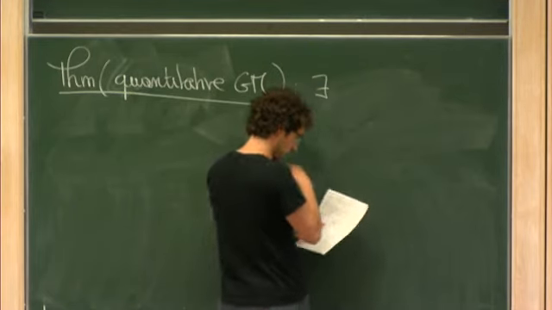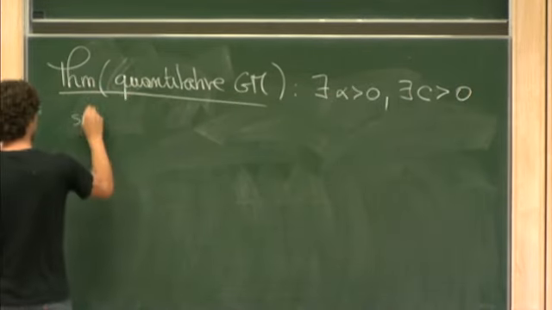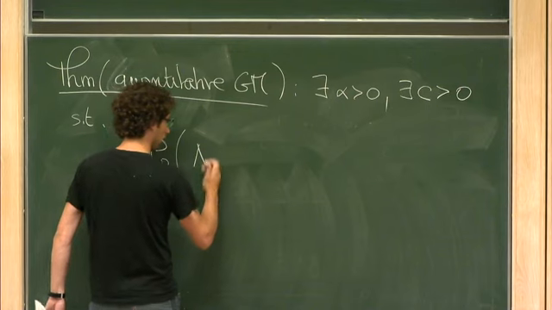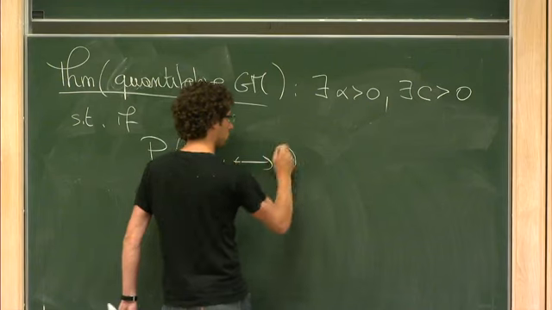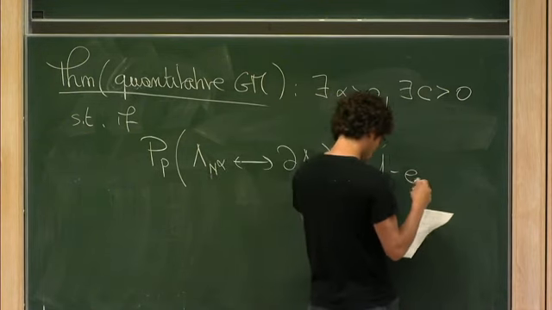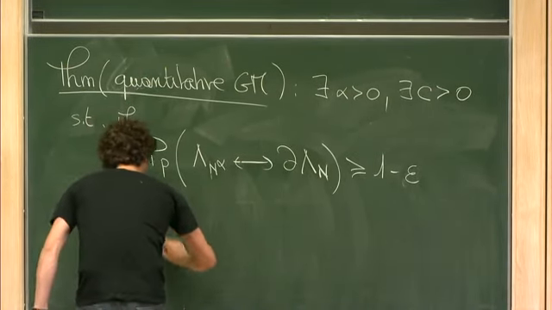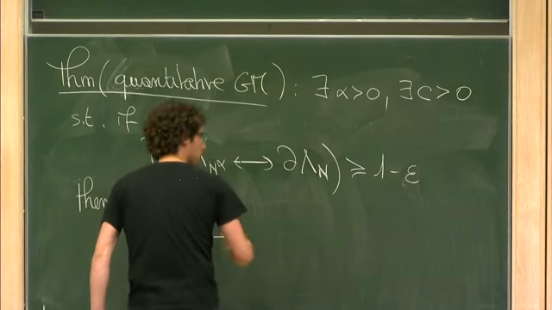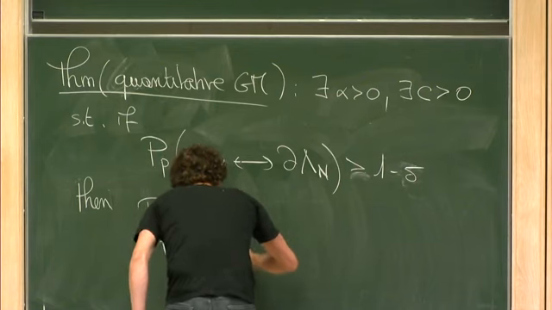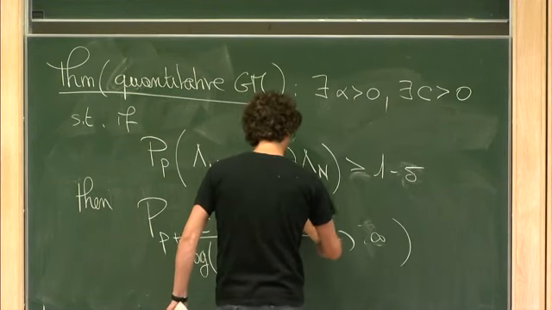So there exists a constant alpha, and there exists a C such that if the probability of the box of size n to the alpha to be connected to the boundary of the box of size n is larger than 1 minus exponential of minus log 1 over delta, then in fact you percolate in the slab of width n.